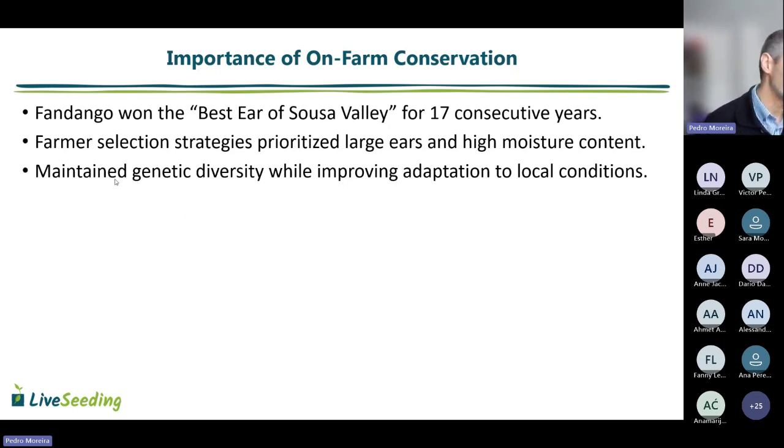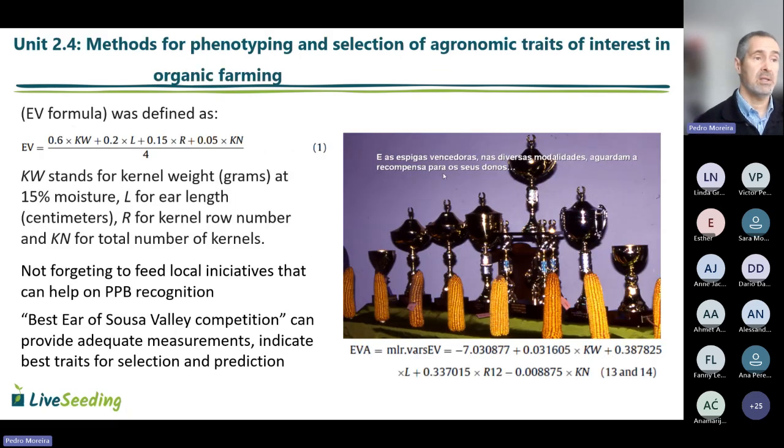Another important issue was to maintain genetic diversity while improving adaptation to these local conditions. Well, these were, as you can see, the winners in the Sousa Valley, and generally the prize was attributed for the bigger ear.